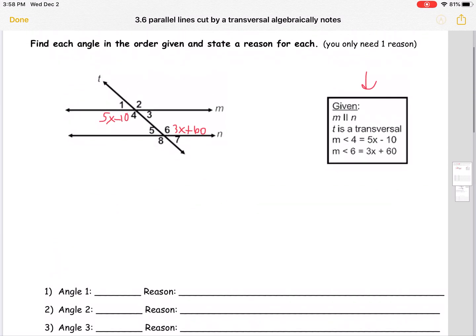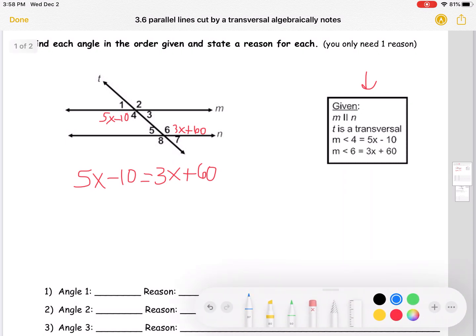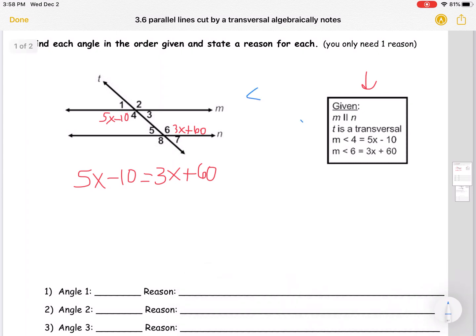The way I'm going to find it is I'm going to set 5x minus 10 equal to 3x plus 60. The reason I know I can do this is because angle 4 and angle 6 are equal.